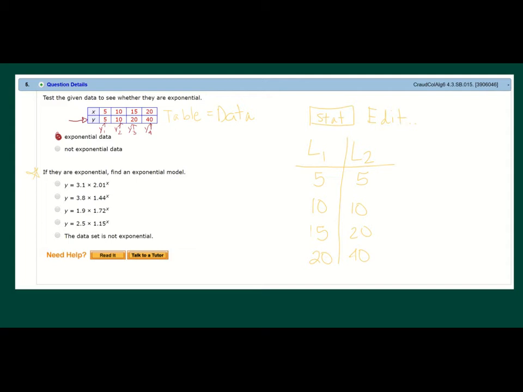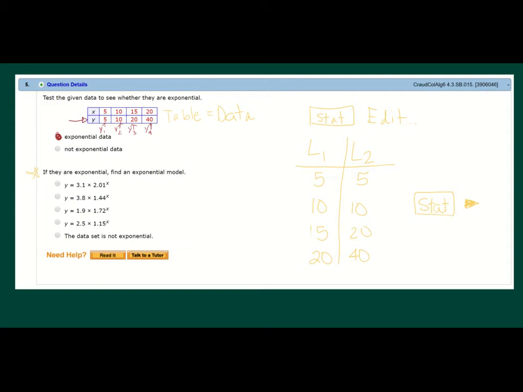Once you've inputted all of the data that you have for your table, don't leave any pieces out. It affects the model that comes out, okay? So don't leave any pieces out. What you need to do is hit Stat, select the Stat button. This time you need to go over to the right. So we're not in the Edit menu.